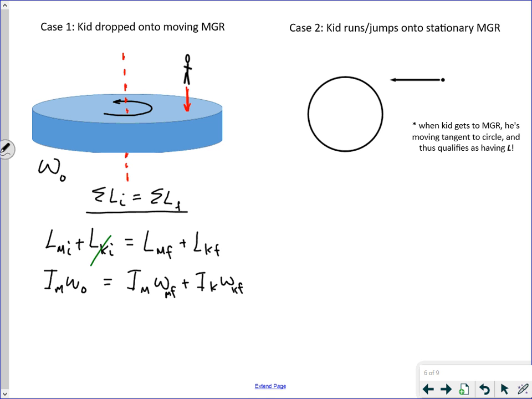Except, let's assume this is kind of a hit and stick, right? The kid ends up rotating with the merry-go-round. So what we're going to do is turn this into I merry-go-round plus I kid times their common final angular momentum.